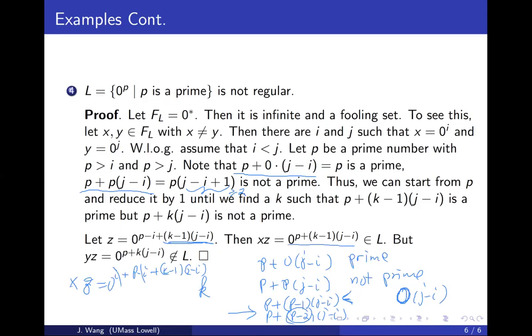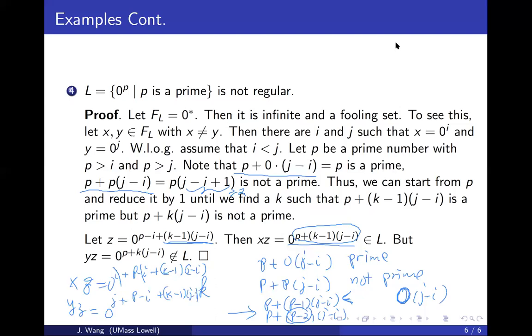We know that this thing is a prime, so it is in L. And then if you do yz, y is equal to 0 to the j, plus p minus i plus k minus 1 times j minus i.